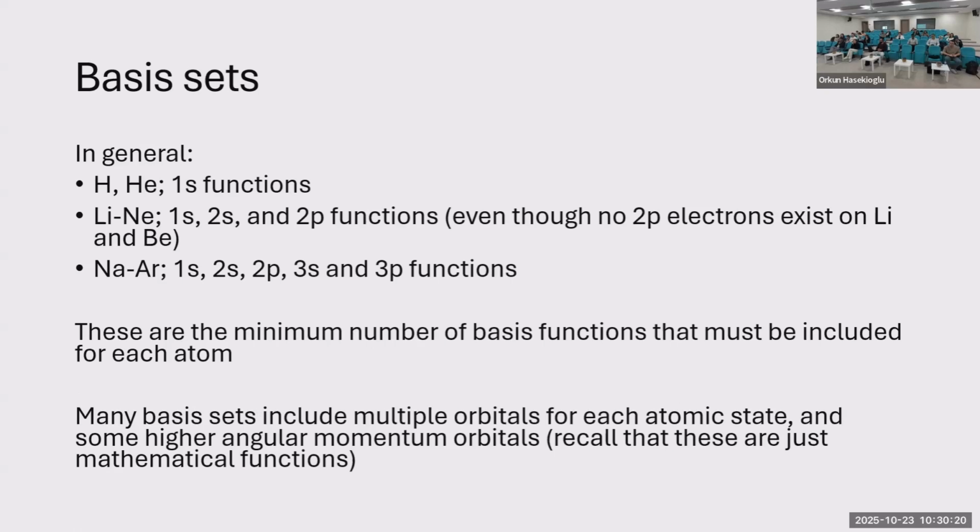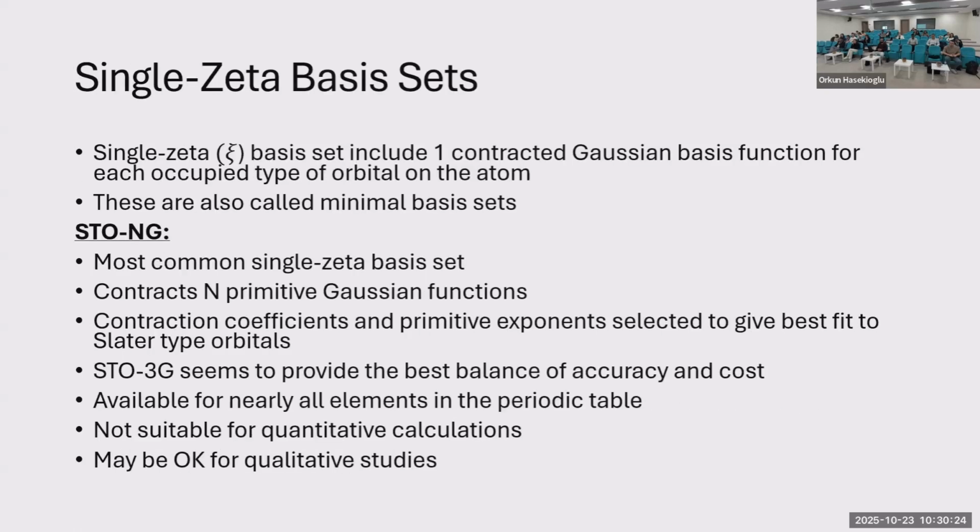Note that these are just mathematical functions. One of the used basis sets is the single zeta basis set. The single zeta basis set includes one contracted Gaussian basis function for each occupied type of orbital on the atom. These are also called minimal basis sets.